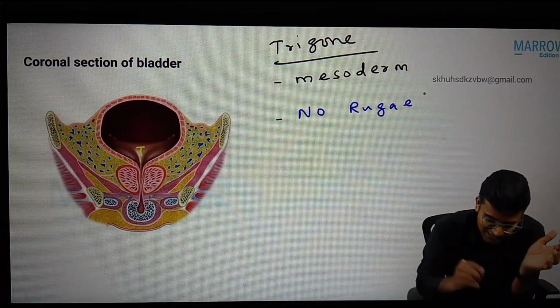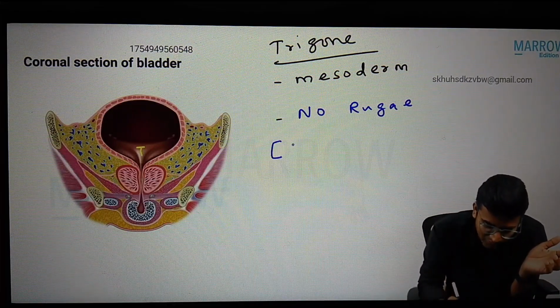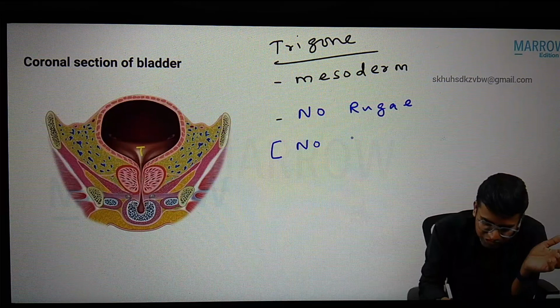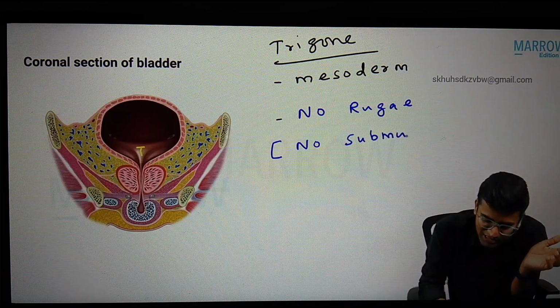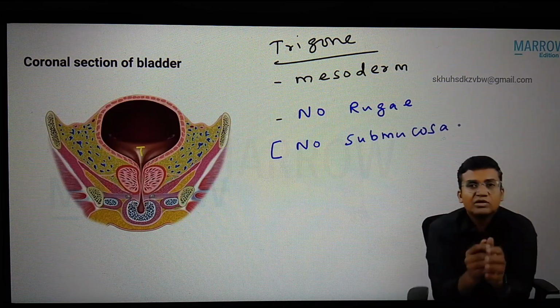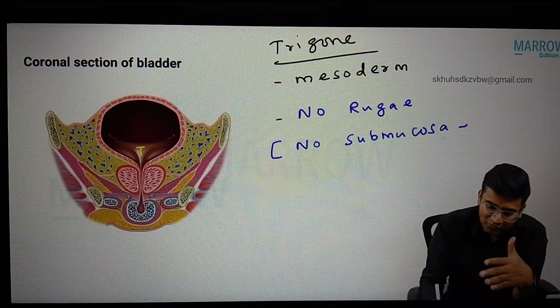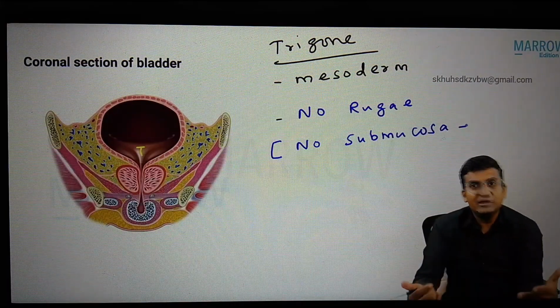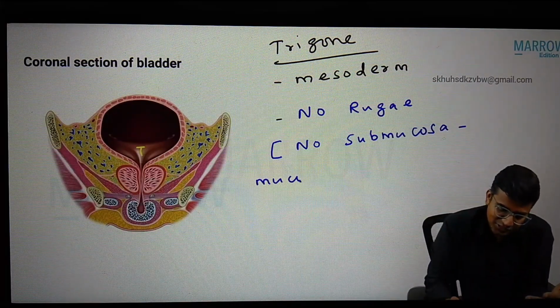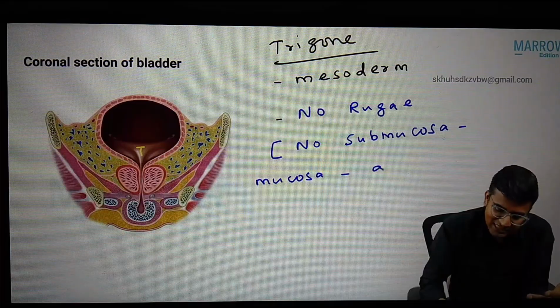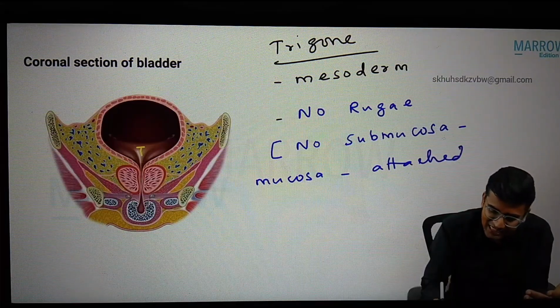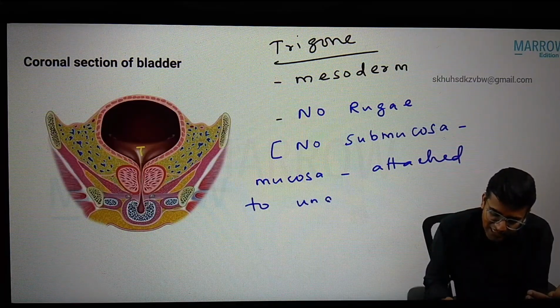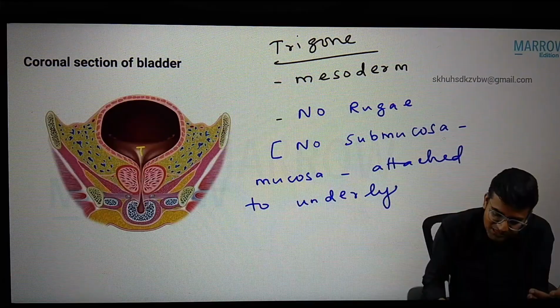Why, sir? Because in the trigone, we have no submucosa. The submucosal layer is absent. So the mucosal layer will be tightly attached to the underlying detrusor muscle.